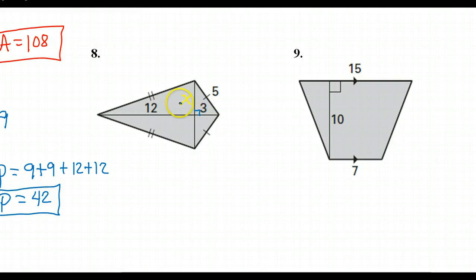Okay, if I set up this Pythagorean theorem, that's going to give me x squared plus 3 squared equals 5 squared. So that's going to give me x squared plus 9 equals 25.